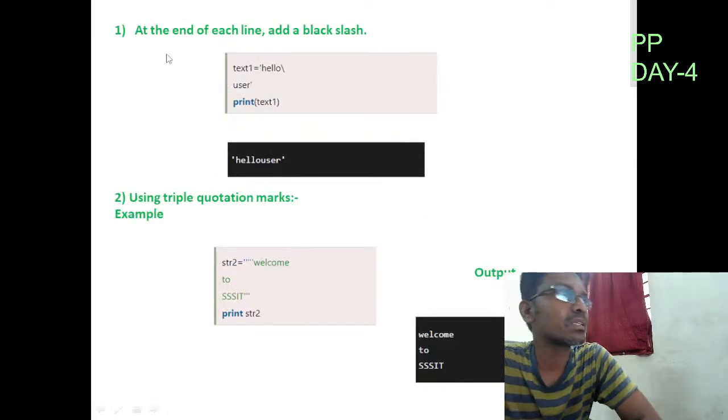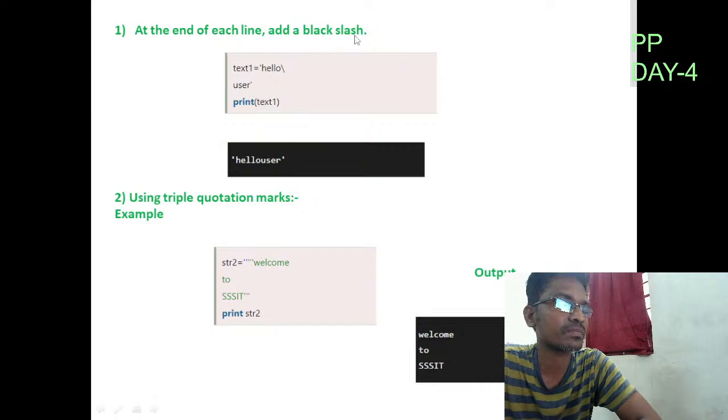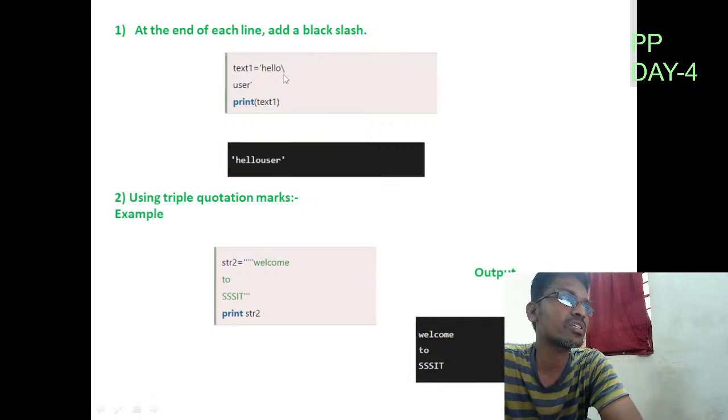So next one, how do we write multi lines of strings in Python? This is one way. At the end of each line, add a backslash. For writing the next line, you have to add the backslash at the end of each line.